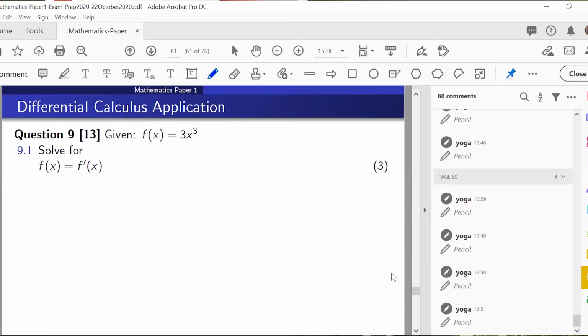We are given that f of x is 3x cubed. Now we must find f equals to the derivative of f.